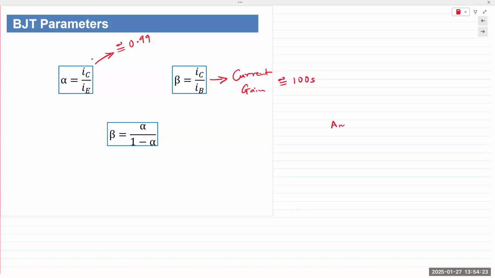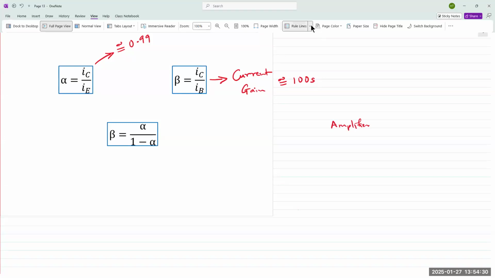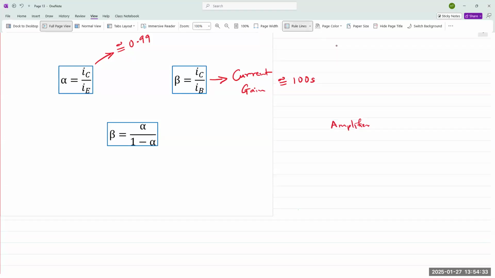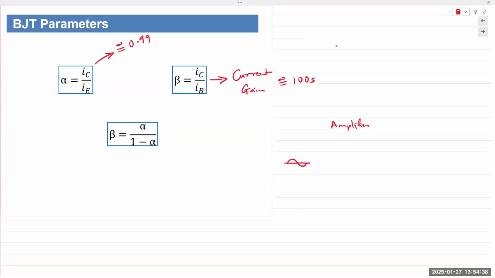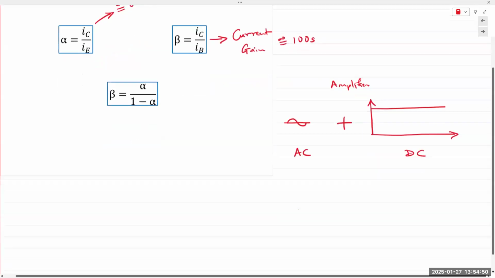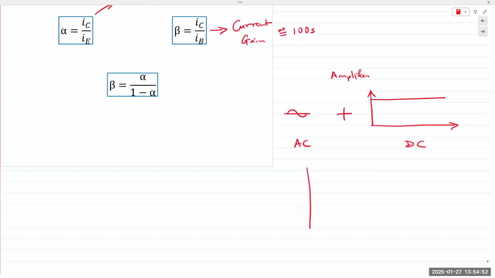If we were to use this as an amplifier, we would have a small AC signal and would apply a DC biasing voltage, say a large DC voltage, and at the output, we'd have an amplified signal.